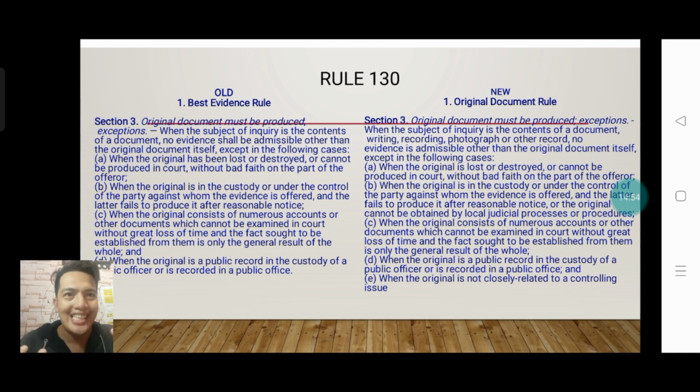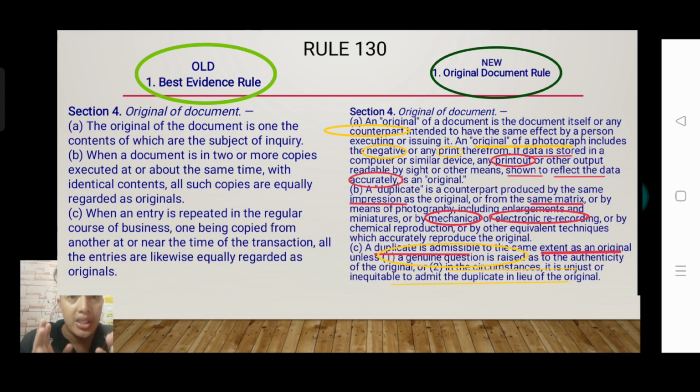Rule 130, Section 3. If you look at the old rule, it was the best evidence rule. But for now, we call it the original document rule. So, forget the best evidence rule, because there was already an amendment of the old rules on evidence. The best evidence rule is gone, and we now use the original document rule. Question: is there a difference with regards to the application of that rule?